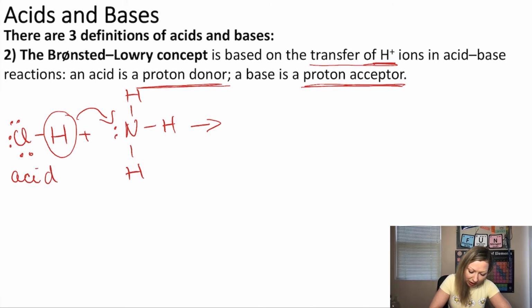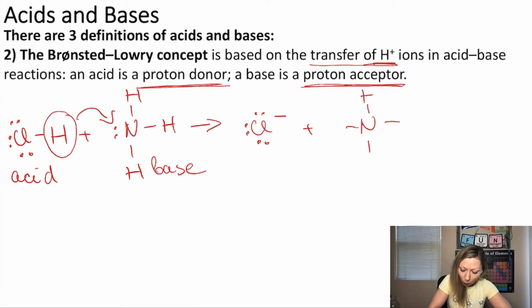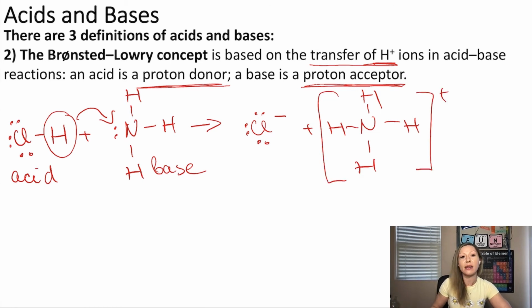And because ammonia is accepting it, that is going to be our base. So on the other side, we are going to form the chloride ion, Cl minus, plus the ammonium ion, which is NH4. And we need to use these large brackets to show that this is positively charged.